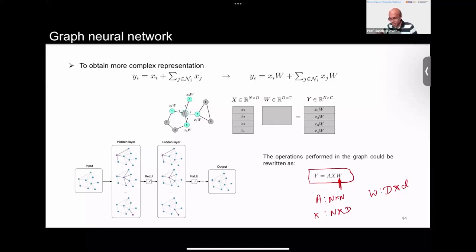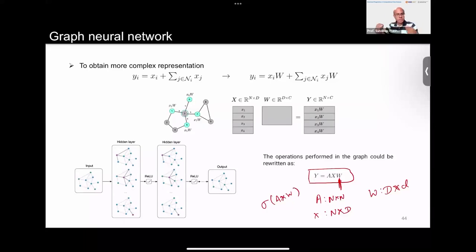So now in a graph neural network, typically what is done is you do this at multiple layers. You do a GCN layer, which is a graph convolution layer, multiple times to go deeper into the network. So you just do one hop aggregation, linear transformation. You do that multiple times, and in every layer you do this particular operation with nonlinearity.